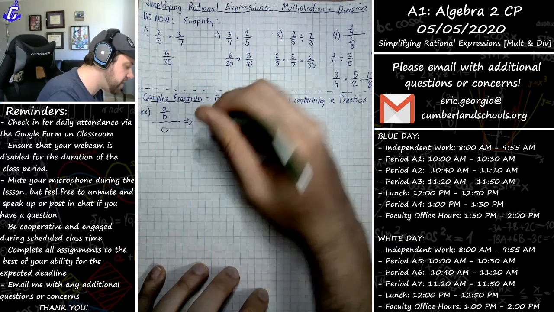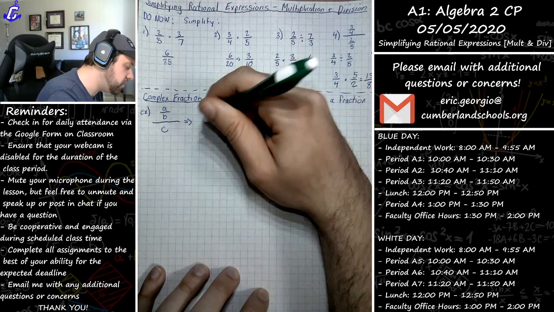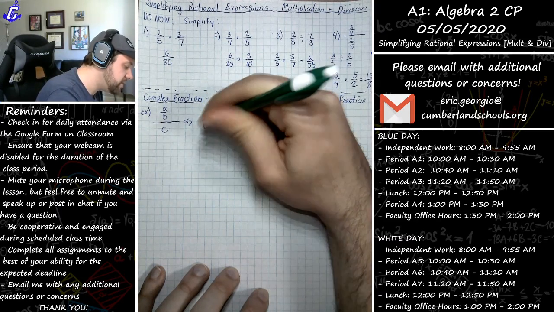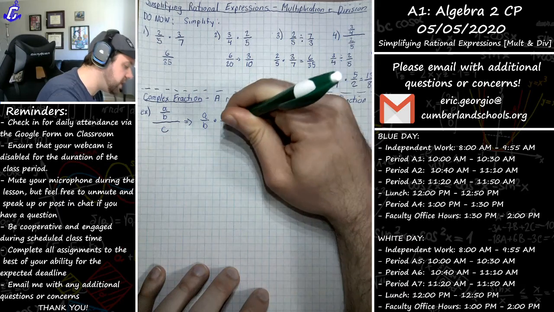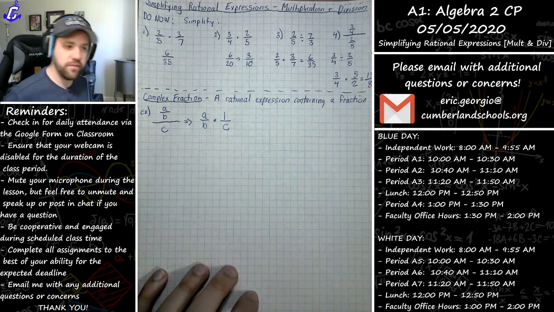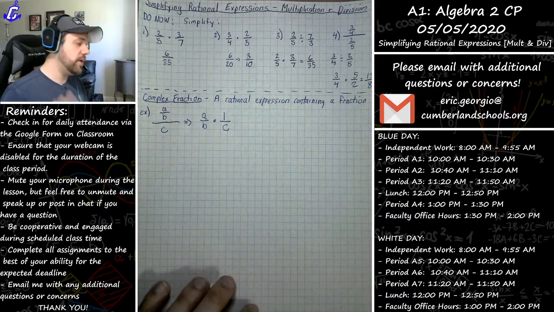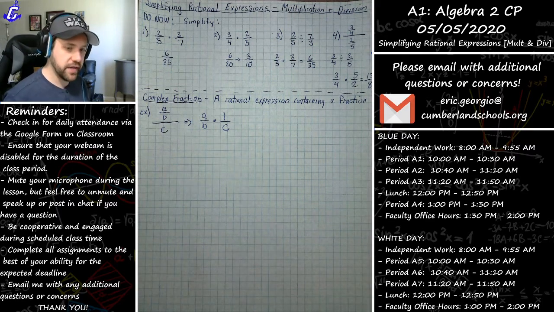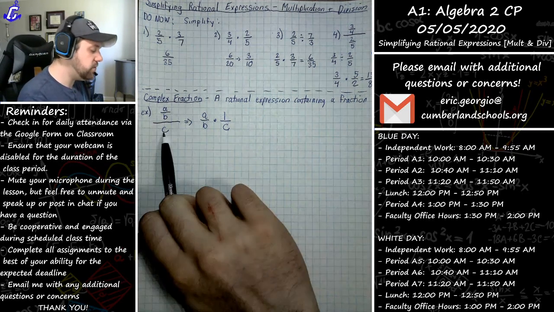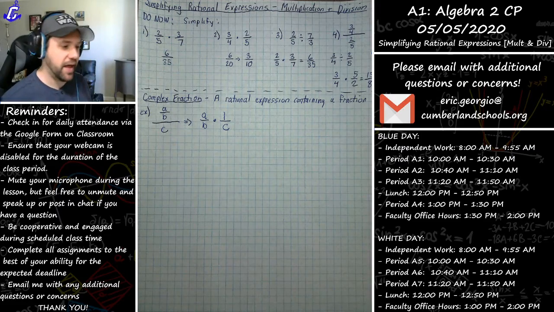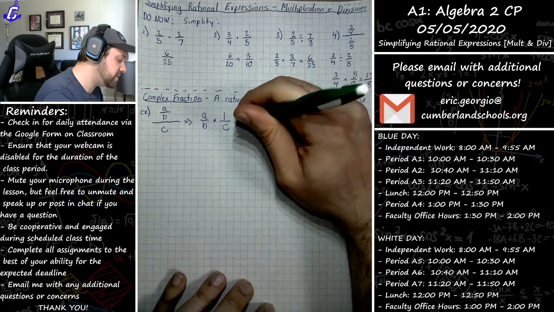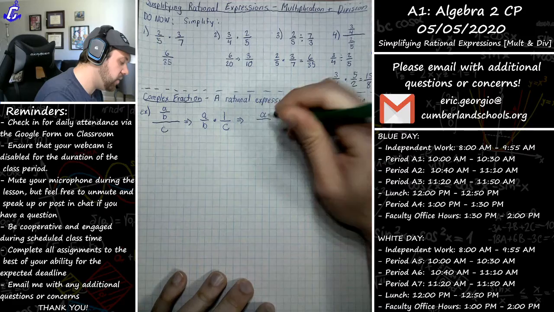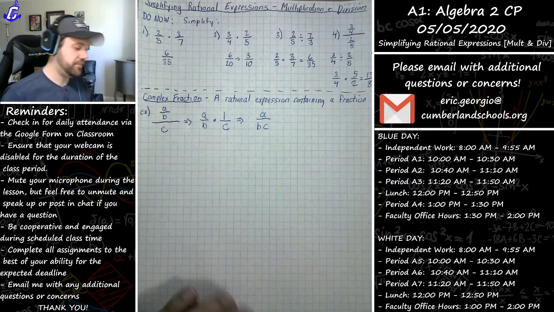Can't we write this a over b divided by c as a over b times 1 over c? Think about it. If we're dividing everything by c, we're really multiplying by 1 over c. Think of if you're dividing by 2, that would be the same as multiplying by 1/2. And so this will simplify down to a over b times c.